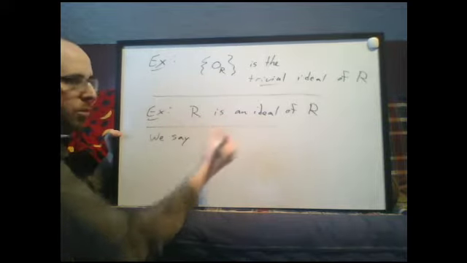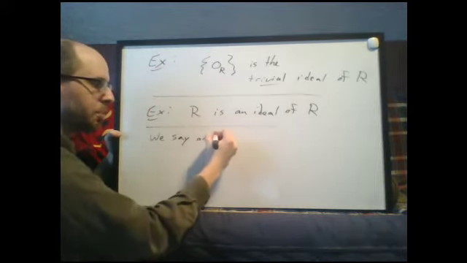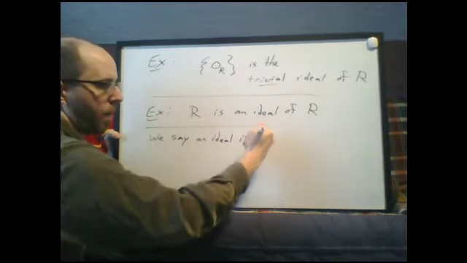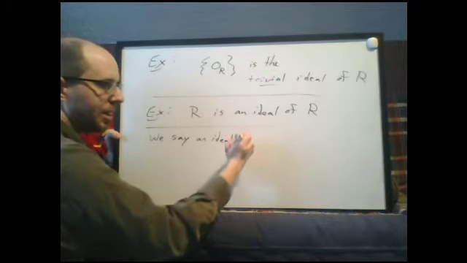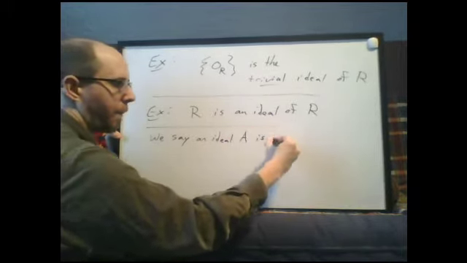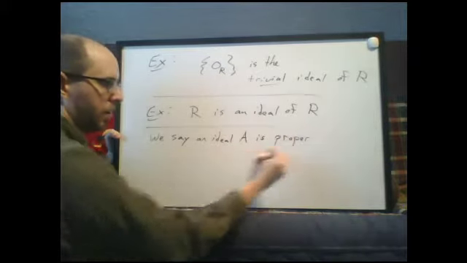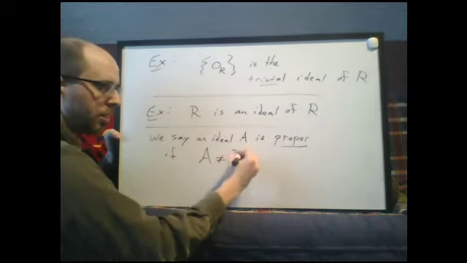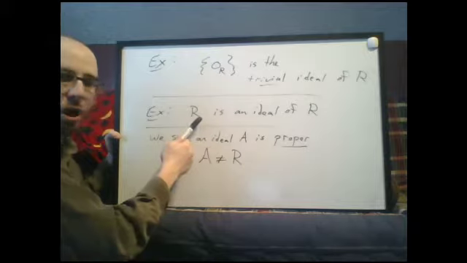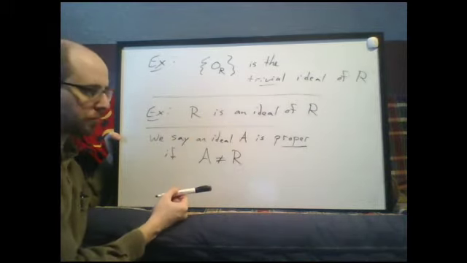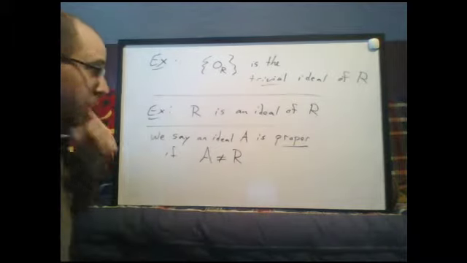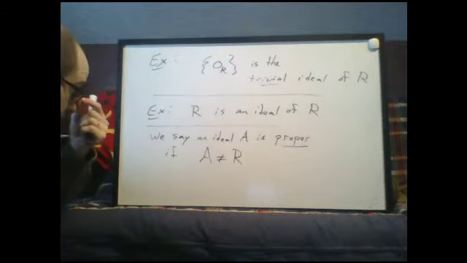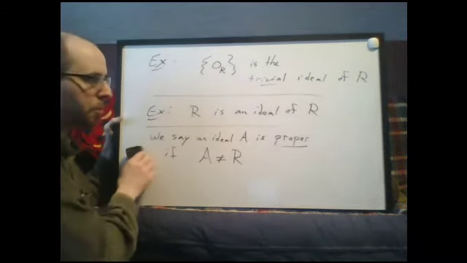I don't know what we call that one specifically, but we say an ideal A is proper if A is an ideal of the ring R, but it's not equal to R. So R is a non-proper ideal of itself. Any other ideal is proper, including the trivial ideal. That's a proper ideal. All right, so let's do some non-trivial proper ideal examples.